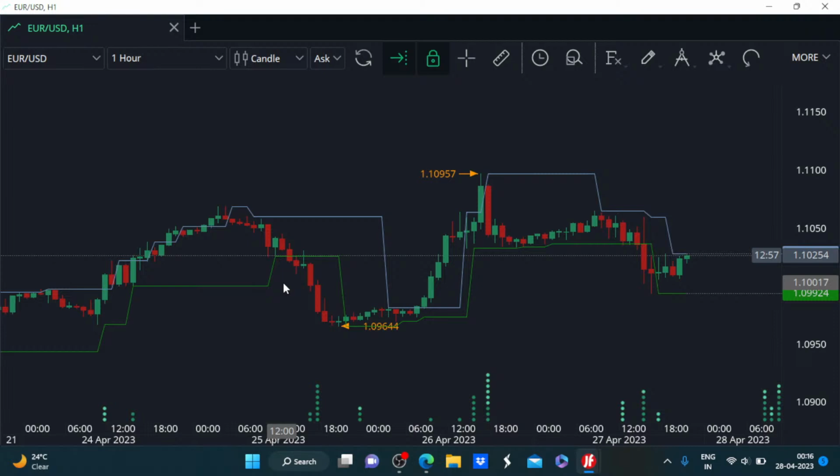Till that time, we can keep looking for short selling opportunities in the market. That is the simple logic of this indicator, and using that concept, we can go for trading decisions.